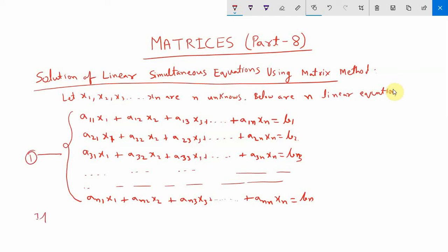Okay, so if b1 equal to b2 equal to b3 or all these are 0, then the system of equations 1 is called homogeneous linear equations.